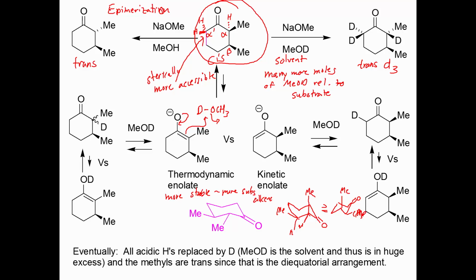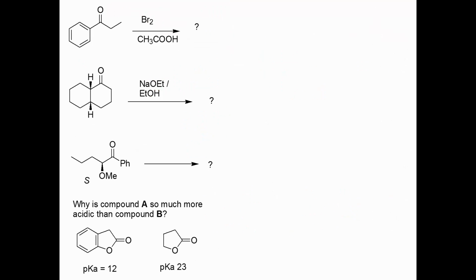But when we do the isomerization, we get to a situation where both methyl groups can be equatorial, and that's what's driving this reaction to equilibrium. Remember, at equilibrium or thermodynamically, we say that we're just forming the more stable product, okay? And the trans is more stable than the cis because the trans can exist as the diequatorial compound.